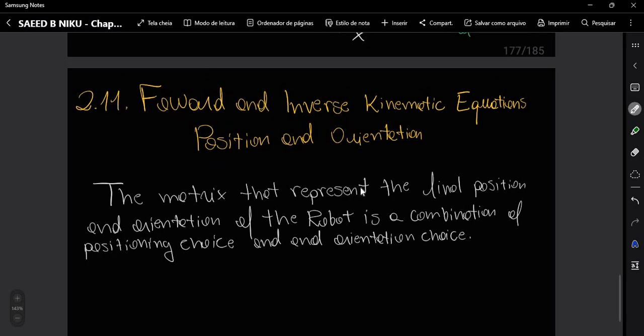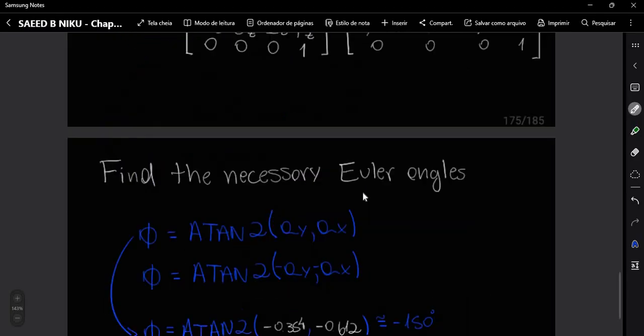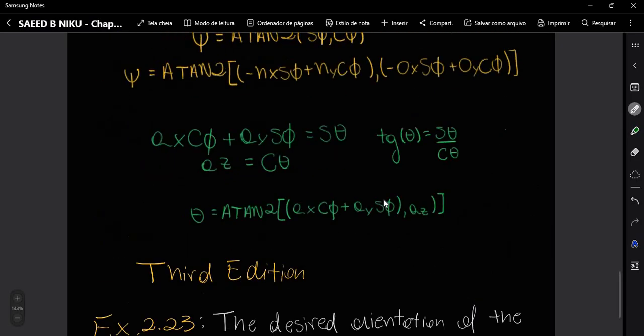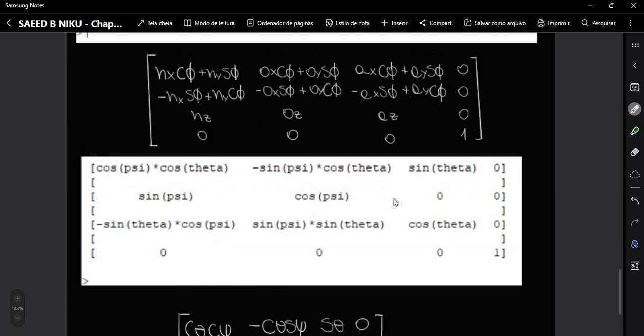It's not something so intuitive, and if we go back and use an example, so let me try to find an example in which we have applied forward and inverse kinematic equations.